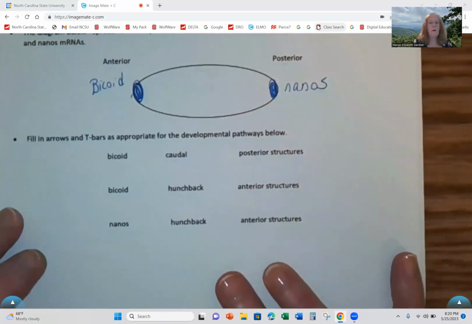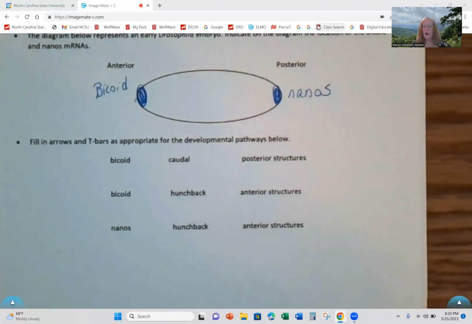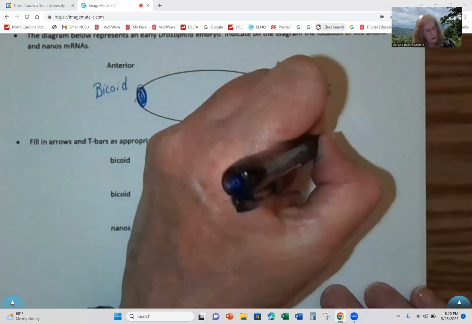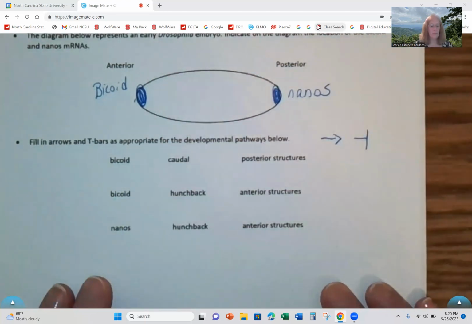Now, those gradients are really important. And this is a good time to talk about arrows and T-bars. When we think of an arrow, we're thinking of promoting the activity of or causing the transcription of. When we think of a T-bar, we're thinking of preventing the activity. So you'll see arrow and T-bar symbols.